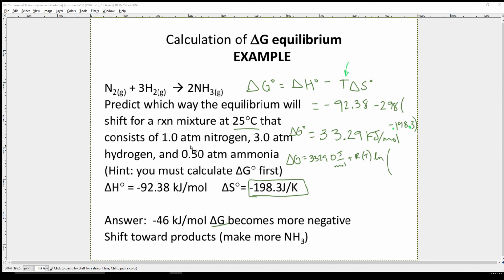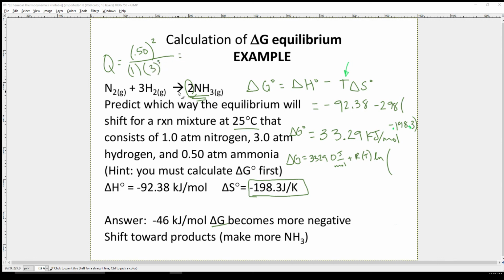Q is product over reactants. So product right here, NH3, ammonia, 0.50, but remember it's squared from the balanced equation, over my reactants. So 1 for nitrogen, and hydrogen is 3, but that's cubed.